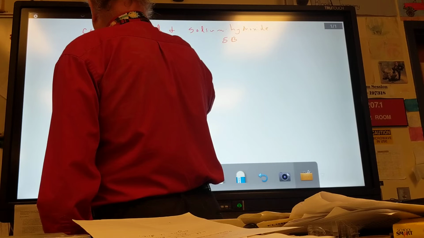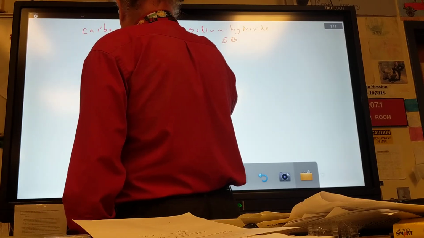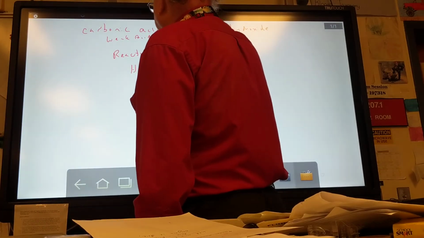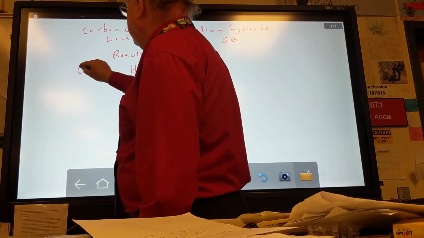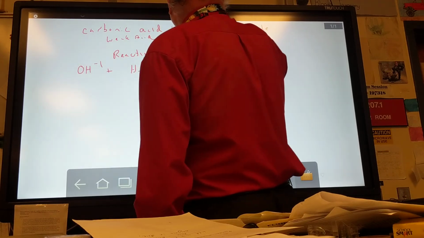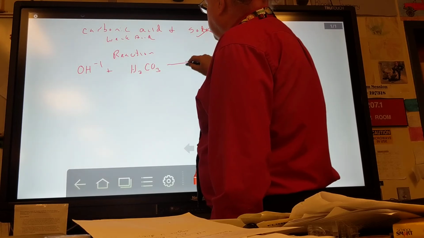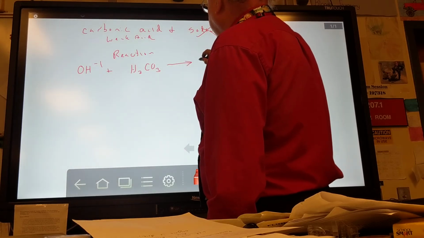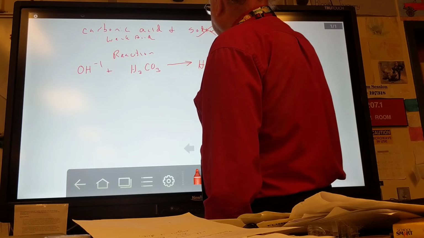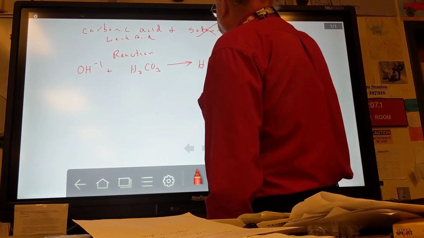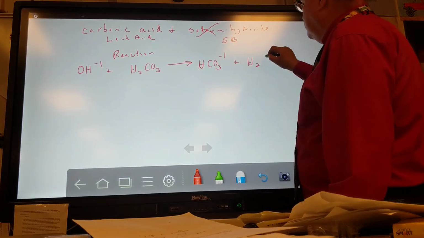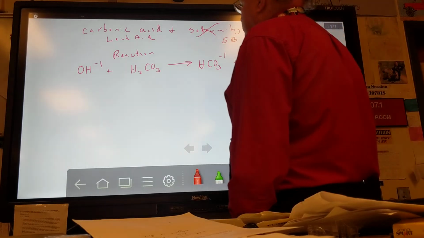So I get carbonic acid reacting with hydroxide. I'm going to ignore the sodium because it's a spectator. So this is a one-way arrow. It would produce HCO3 and water, neutralizing it, okay?